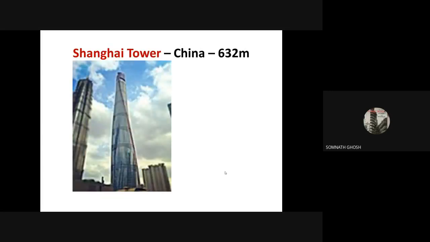Now you see, this is Shanghai Tower in China. It is 632 meters tall. But the architecture is a bit different. It is not a similar structure like Burj Khalifa.